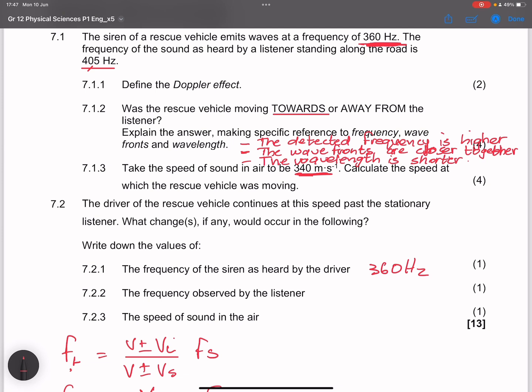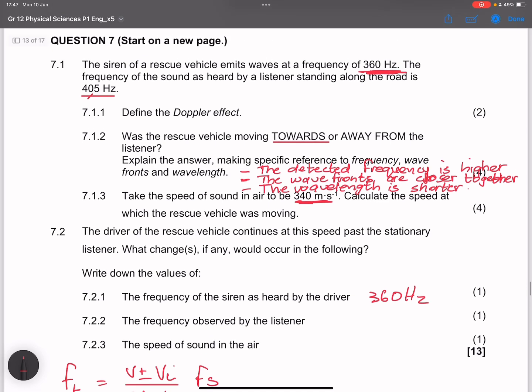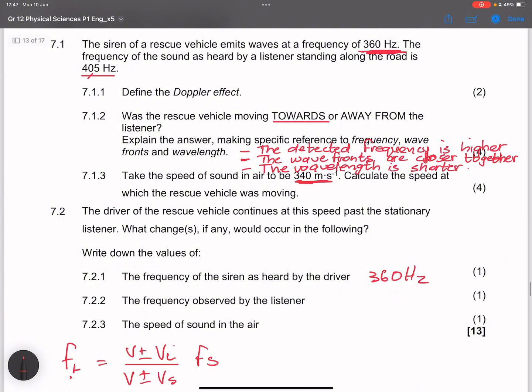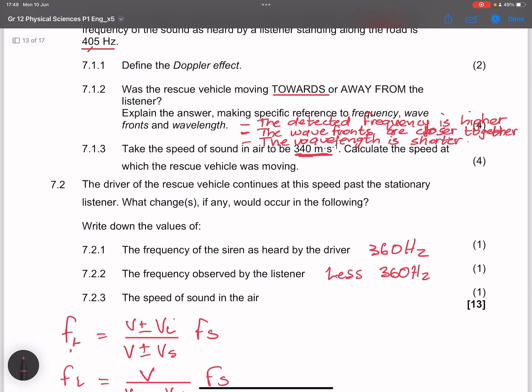So perhaps let's just say less than 360, because otherwise that would require a calculation. So it would definitely be less than 360, the frequency of the source. And then they say the speed of sound in air. Remember, that doesn't change. It would remain the same, so there would be no change. It would be 340 meters per second.